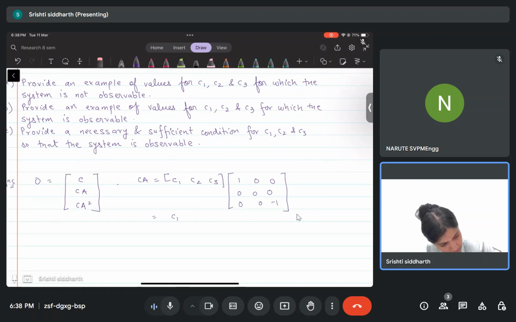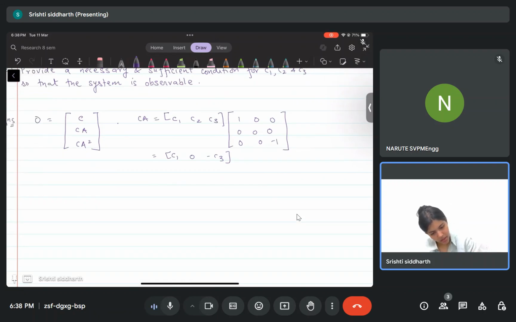This is C1, 0, minus C3. Then CA squared is C1, 0, minus C3 times 1 0 0, 0 0 0, 0 0 minus 1.